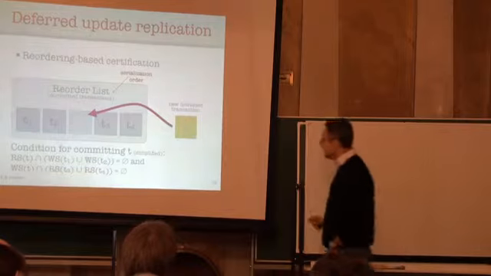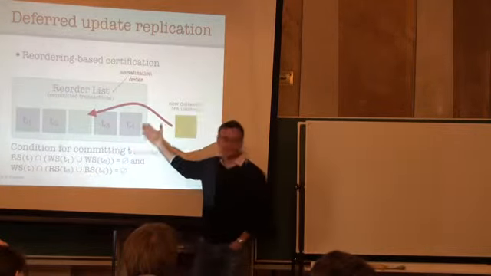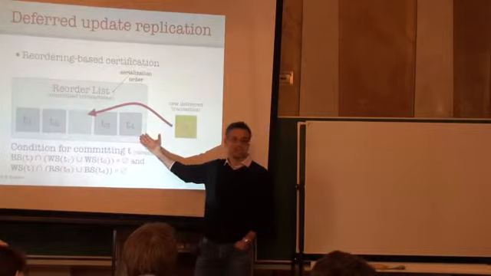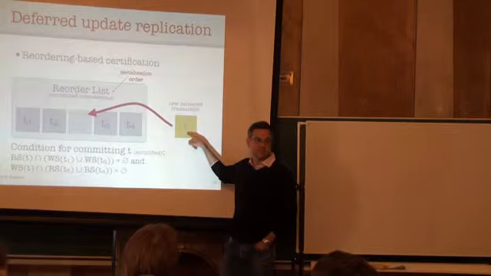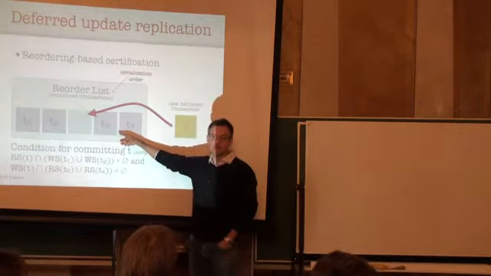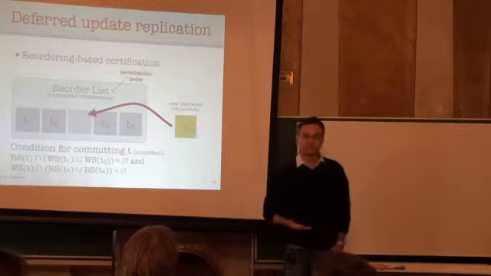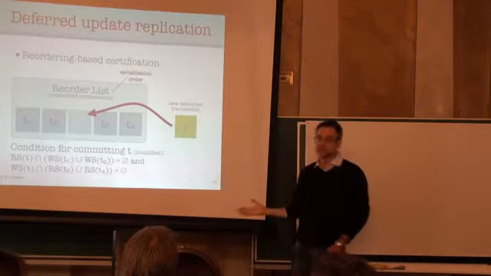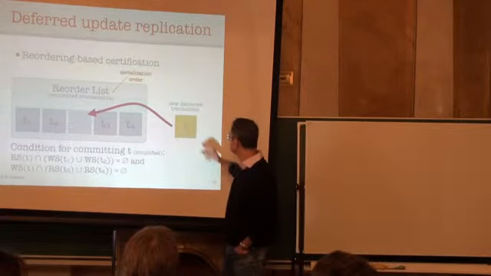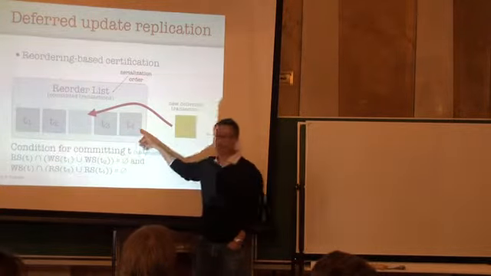Now, I have to be careful the way I do this, because transactions T3 and T4 have been committed already. So if these transactions depend on anything that this transaction changes, then they're going to be invalid. And I cannot uncommit a transaction that was committed. There's no going back. Once the transaction is committed, the user has been notified, and they cannot change the state. So what I can do instead is check whether T changes anything that T3 and T4 read.